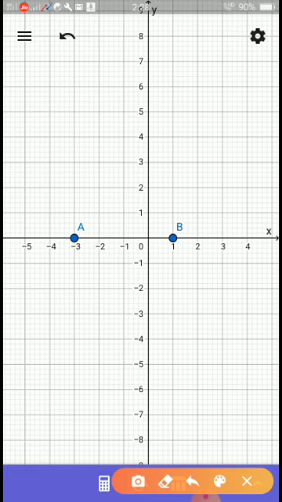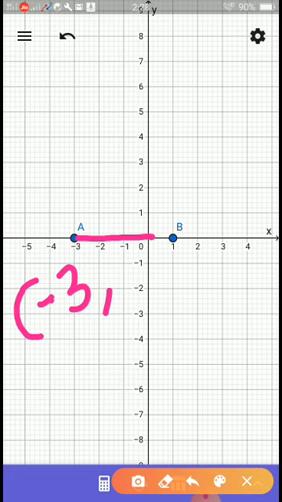A is on the x-axis, at -3. That means my x coordinate will be -3, and since on the x-axis y is 0, the point A will be (-3, 0).